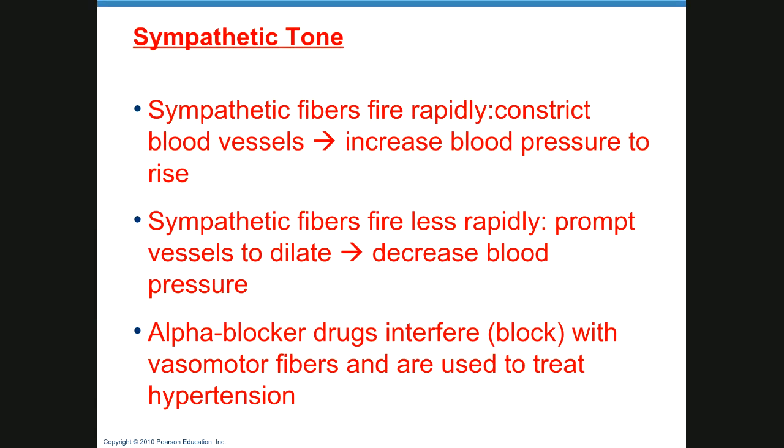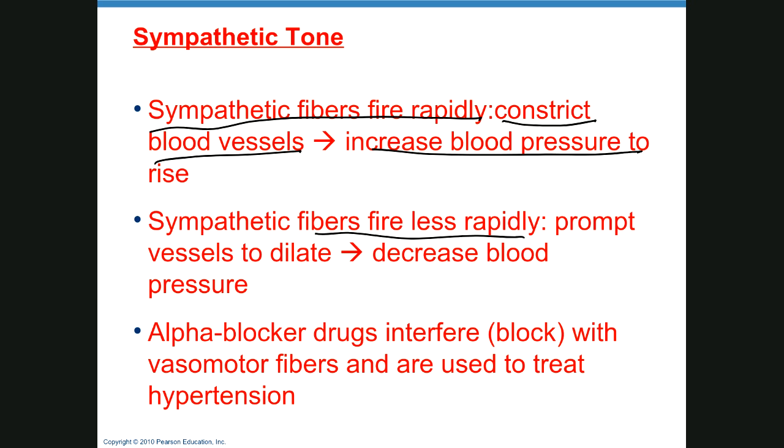So when sympathetic fibers stimulate, blood vessels are going to constrict more, and that's going to increase blood pressure. If the sympathetic fiber fires less rapidly, that's going to constrict the blood vessel less. That's going to promote dilation of blood vessels, and that's going to decrease blood pressure.